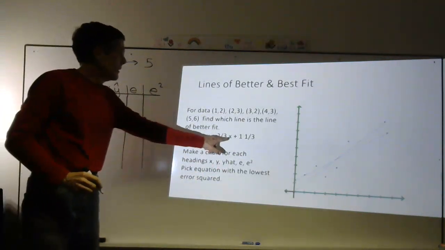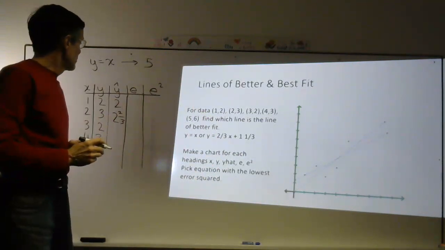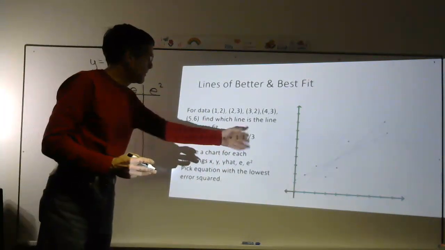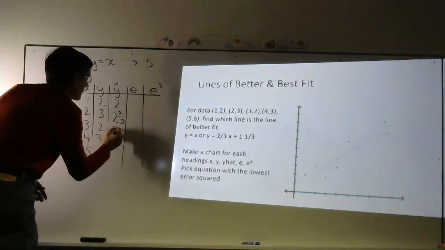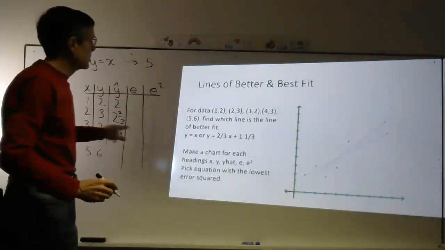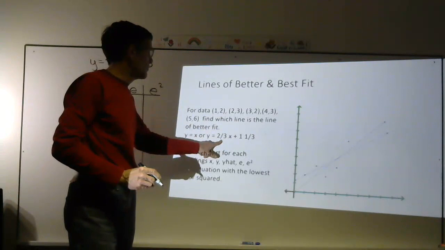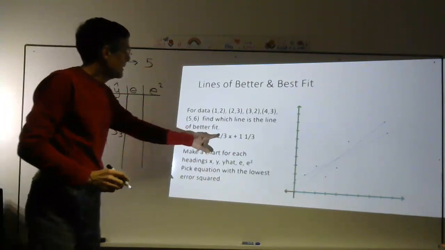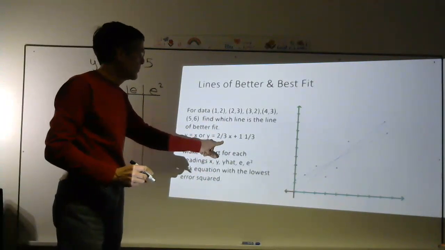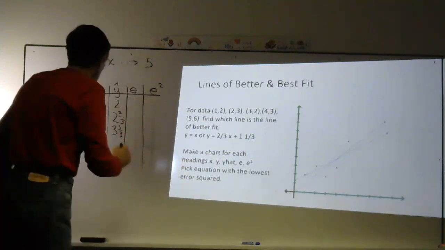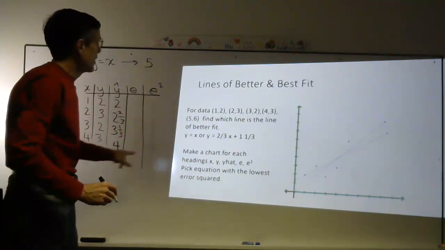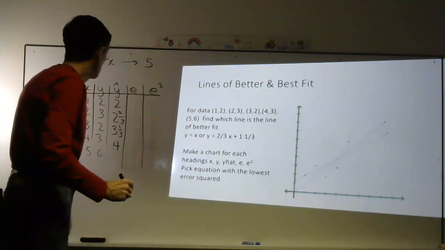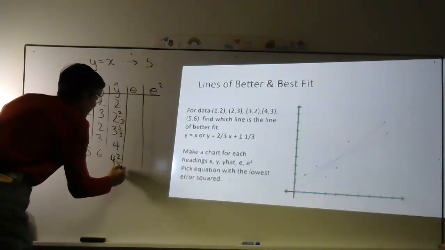Put 3 in, 3 times 2/3 is 6/3, or 2. 2 plus 1 1/3 is 3 1/3. Put 4 in, 8/3 is 2 2/3 plus 1 1/3 is 4. And putting 5 in, 10/3 is 3 1/3 plus 1 1/3 is 4 2/3.